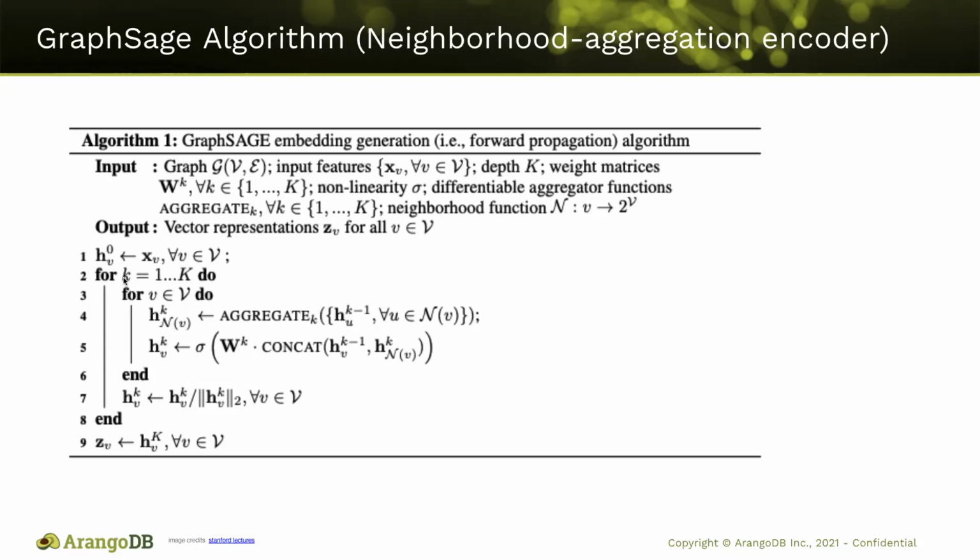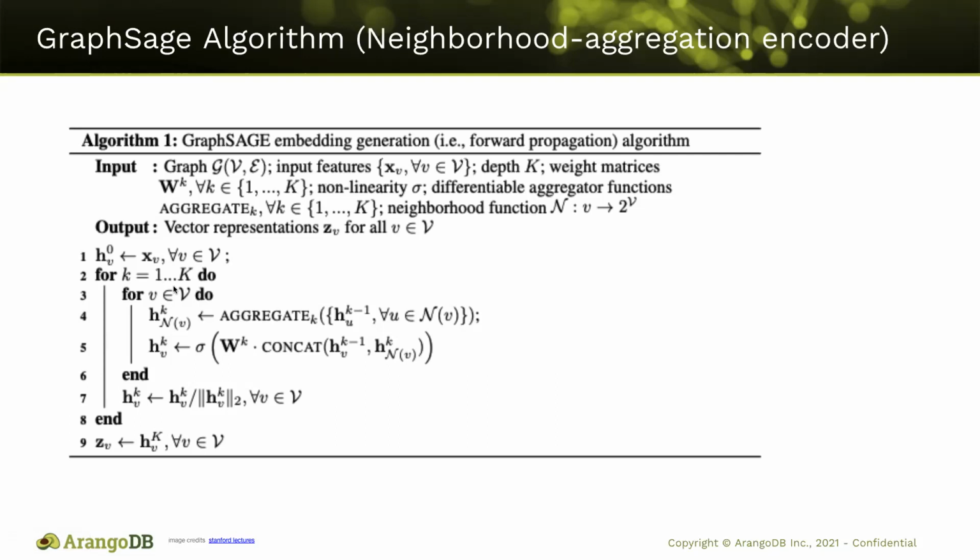Then we iterate over all the search depths. For each search depth, for every node in the graph, we compute its representation at that search depth. For every node, we aggregate the features from its neighborhood, and then we concatenate with its own features from the k-1 layer, and then we normalize them.